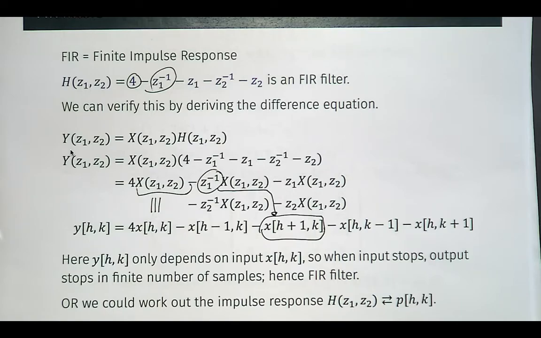Then the output will stop being non-zero at some point as well. So the response of that short impulse will stop at some point, and that's why it's called finite impulse response. Okay.